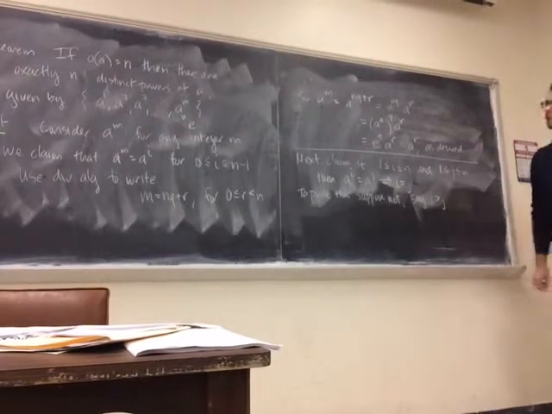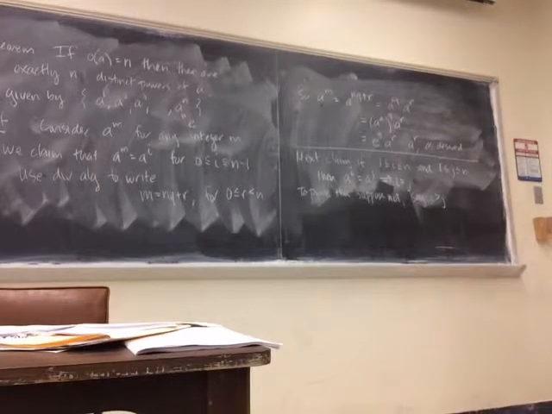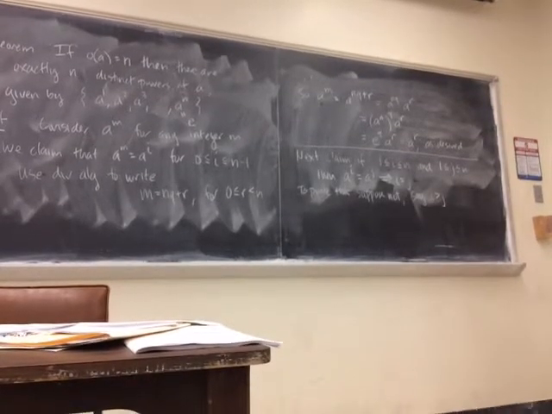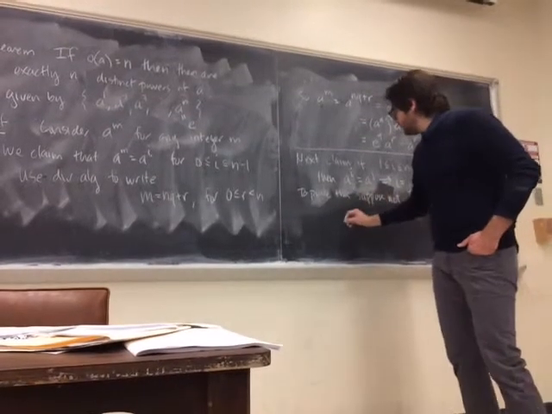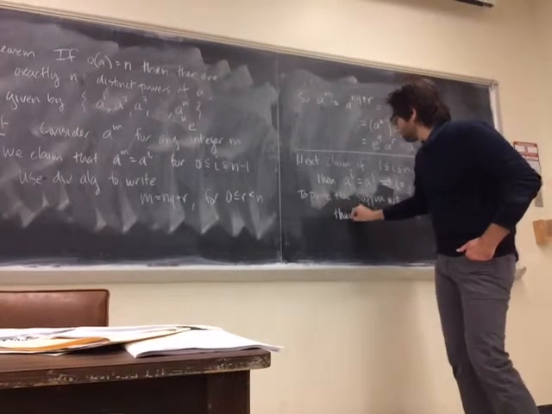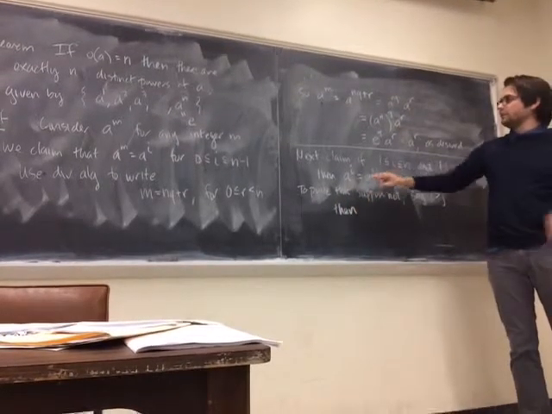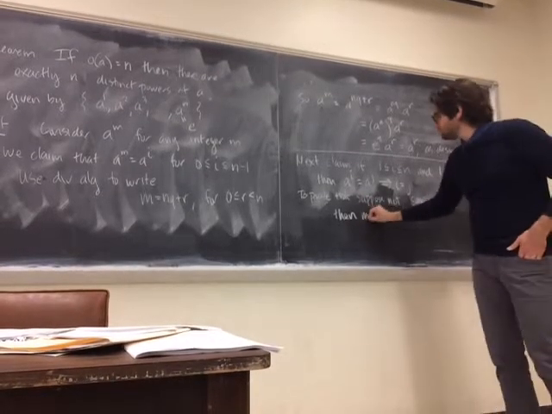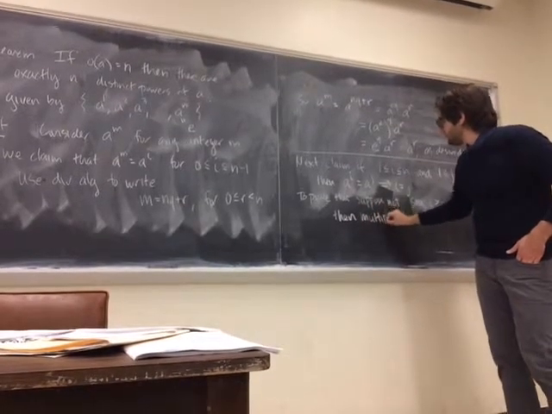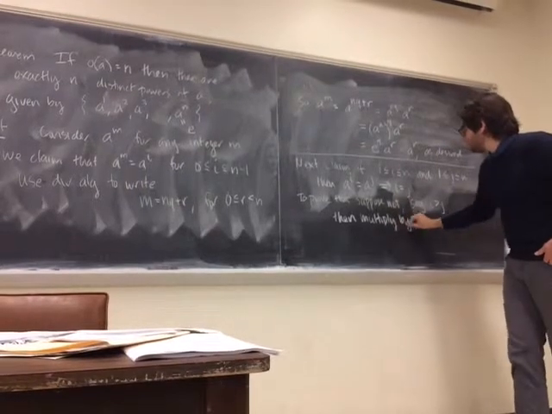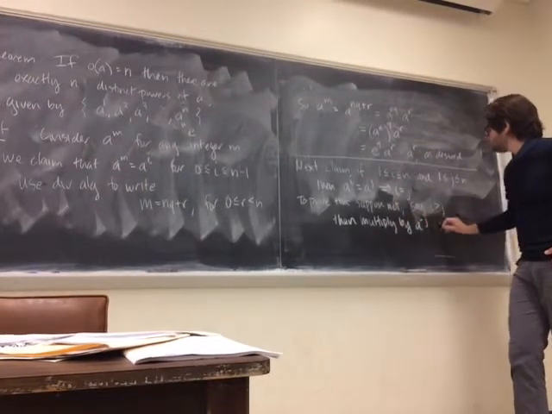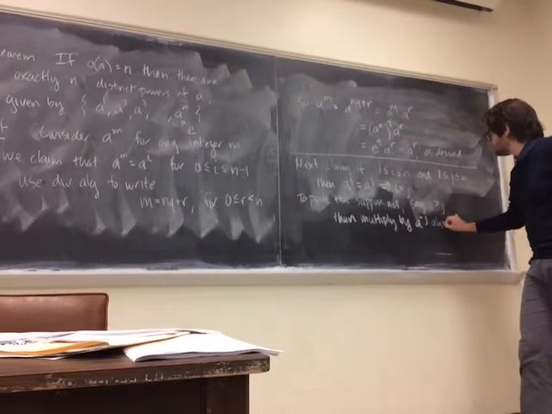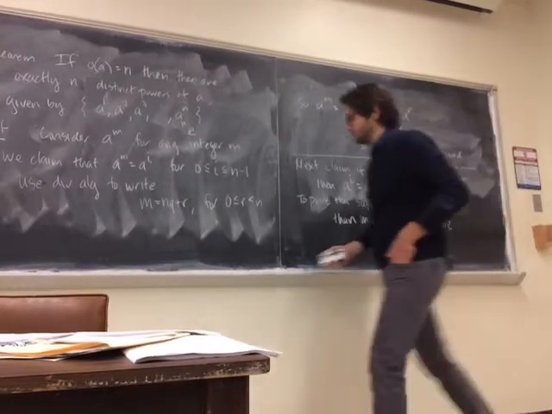So if they're not equal, one of them is bigger. Well, then we can multiply by a to the minus j on both sides. Multiply by a to the minus j above. And what do you get?